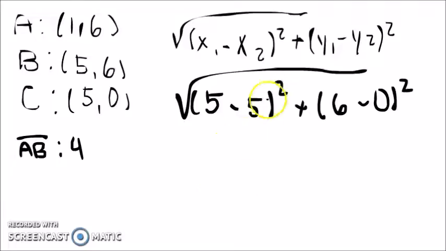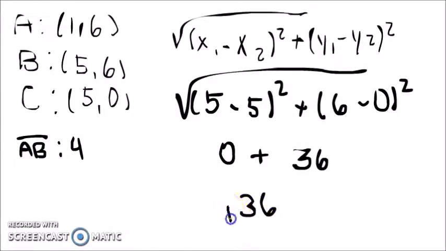So 5 minus 5 is 0, so 0 squared is 0, plus 6 minus 0 is 6, and 6 squared is 36. Okay, so we have 36, and the square root of 36 is 6. Therefore, BC is a measurement of 6.